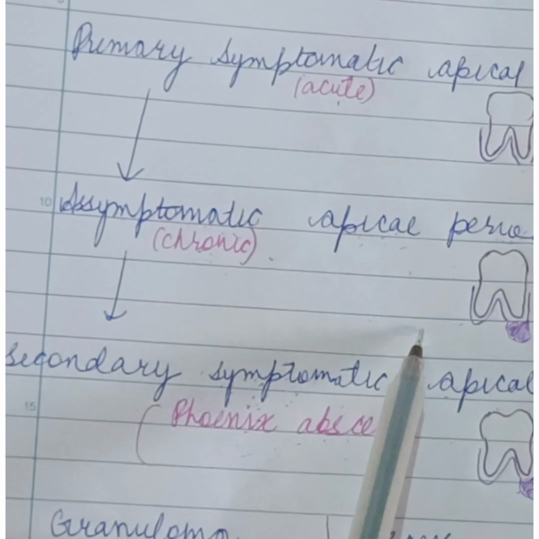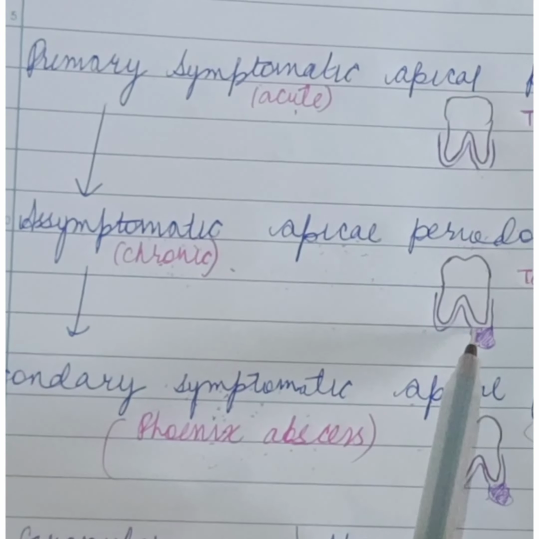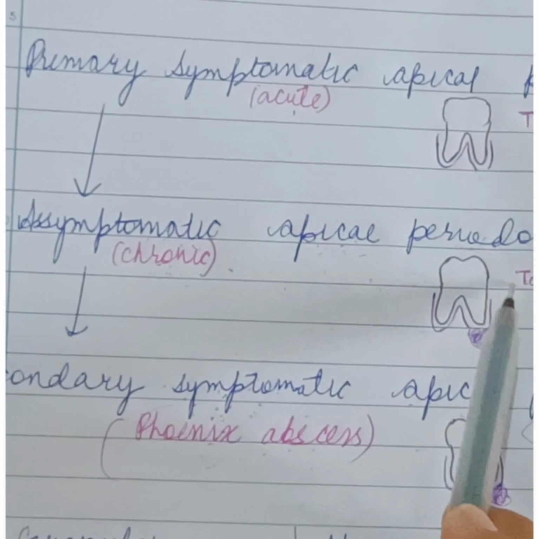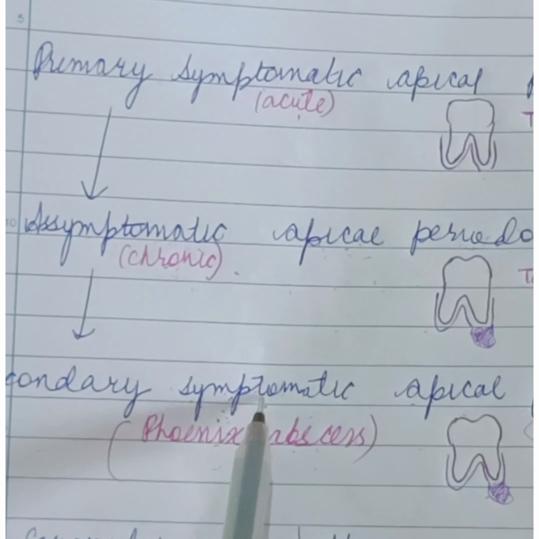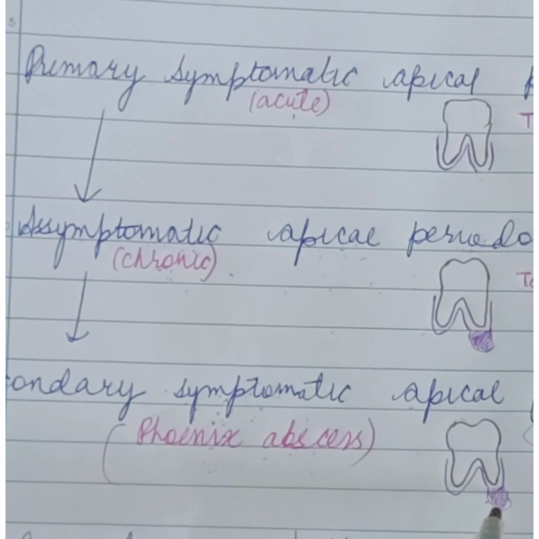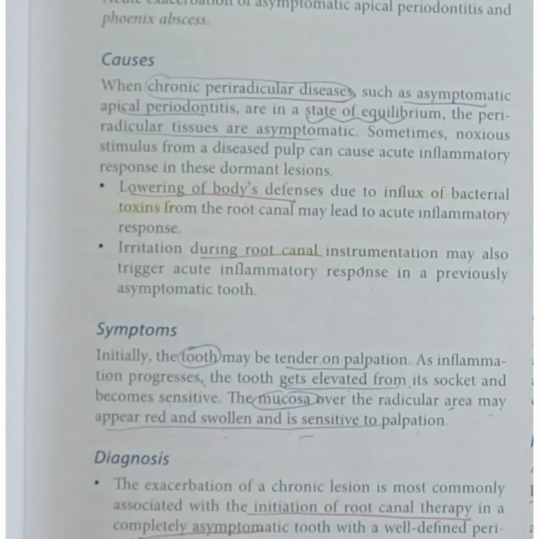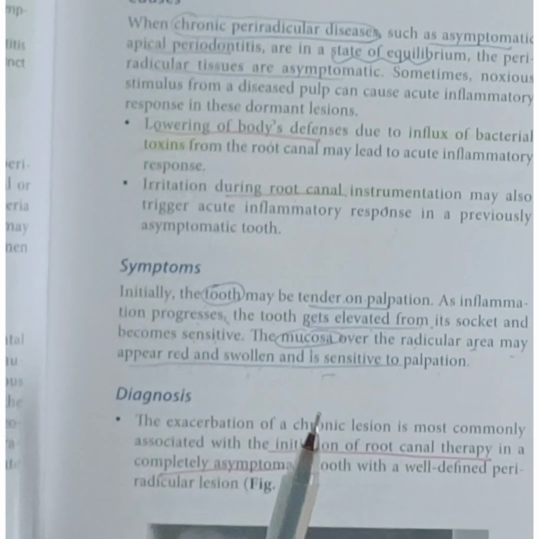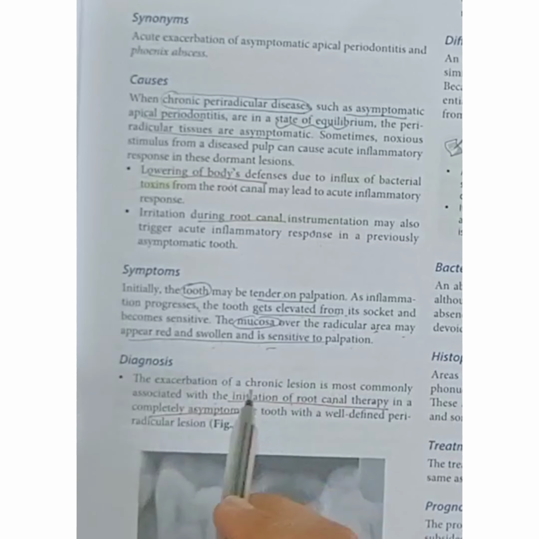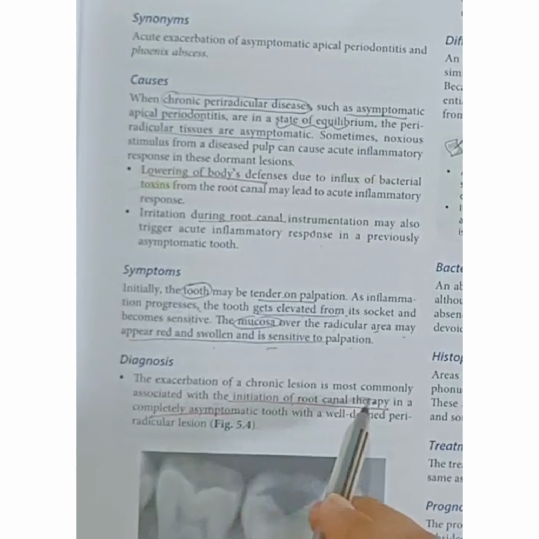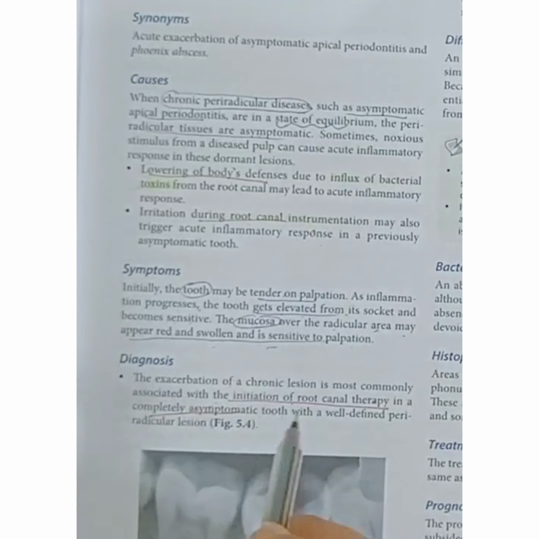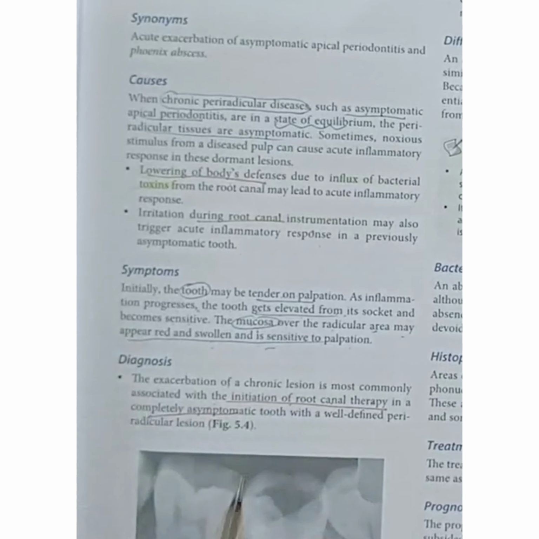So we saw that in asymptomatic apical periodontitis there is a periradicular radiolucency and TOP was negative, but in secondary symptomatic apical periodontitis there is a periradicular radiolucency and also the TOP is positive. Now coming on to the diagnosis. The exacerbation of chronic lesion is most commonly associated with initiation of root canal therapy in a completely asymptomatic tooth with well-defined periradicular lesion, which we saw.